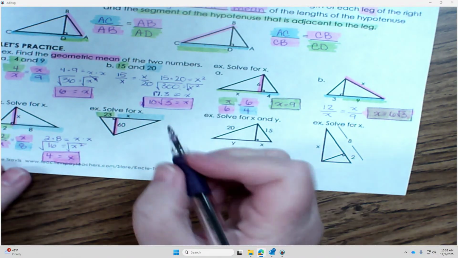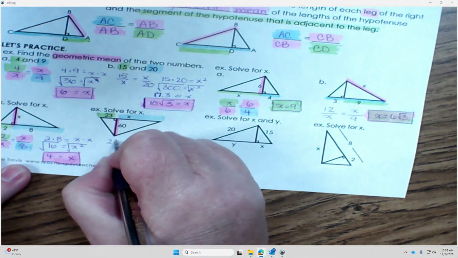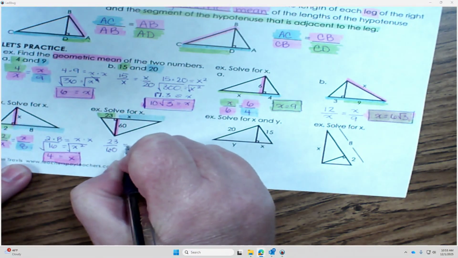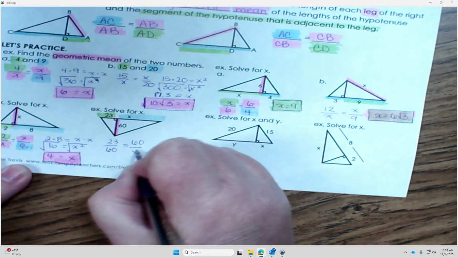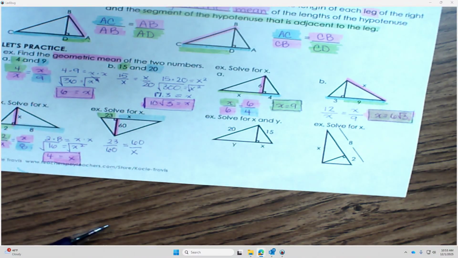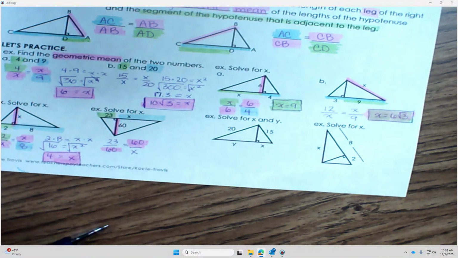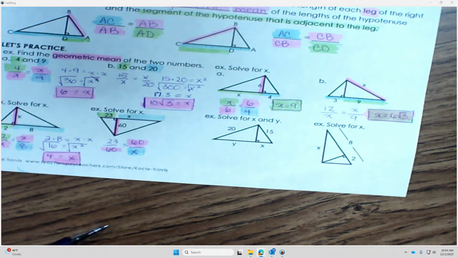So we're going to take the part of the hypotenuse, 23, over the altitude, 60, is equal to 60, the altitude, over x, the other part of our hypotenuse. My altitudes are those diagonal matching numbers. And then I have my parts in my blue and green.